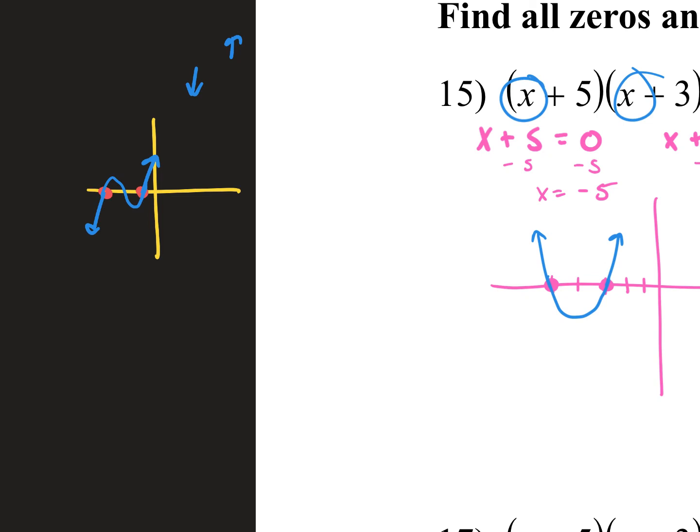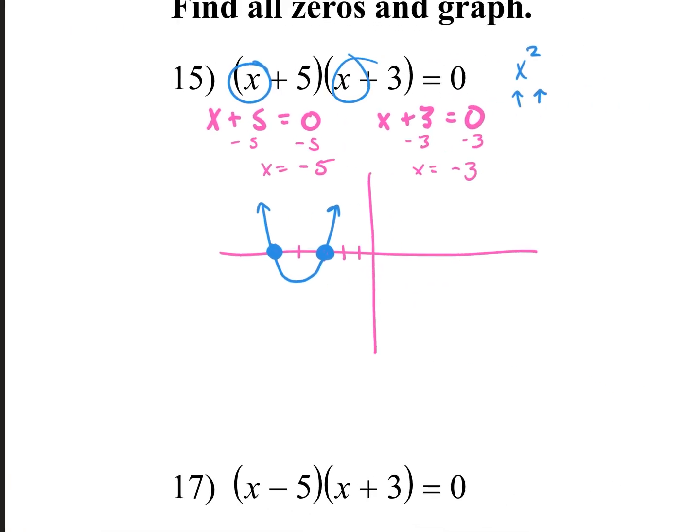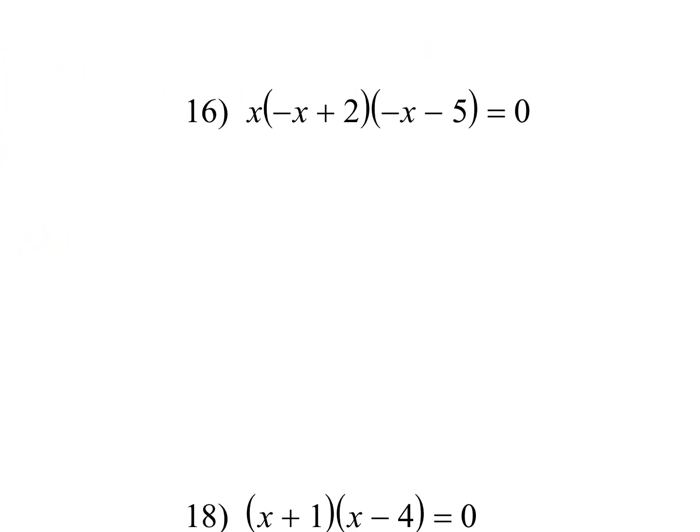So you're only allowed to cross the x-axis at those 2 points. Can't cross it anymore. So here I know if I said this was down and up, it'd be not right because I would cross here, which is not possible. So you can only cross at the points that you have.